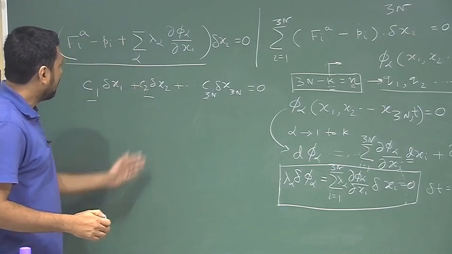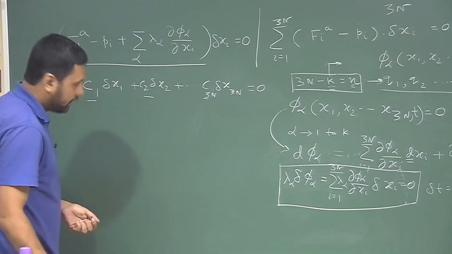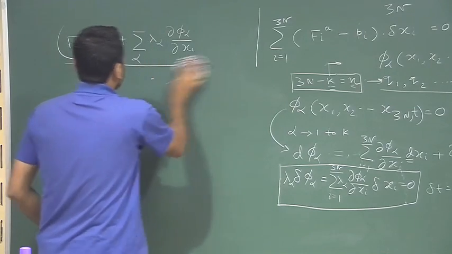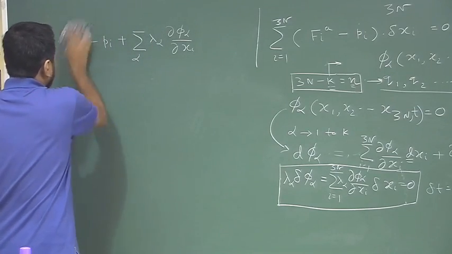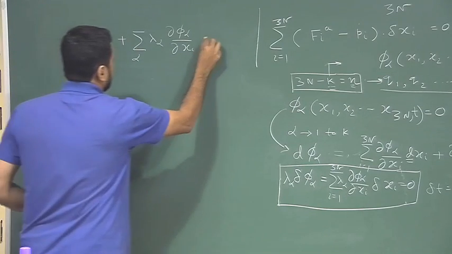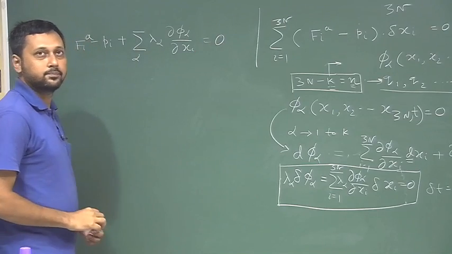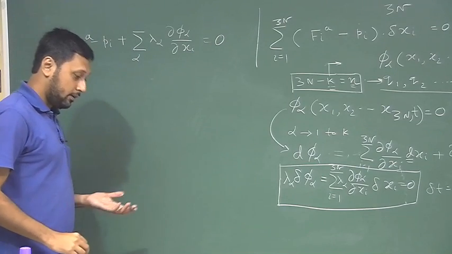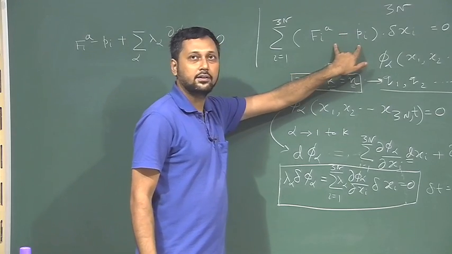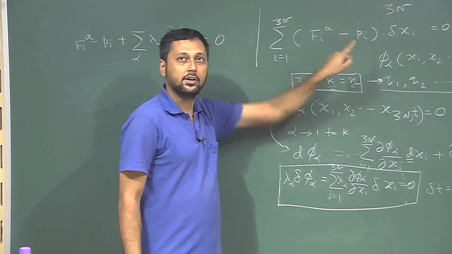And so, overall what we have is 3n number of equations of this particular form equal to 0. So, this is a way of separating out the coefficients from this particular equation.